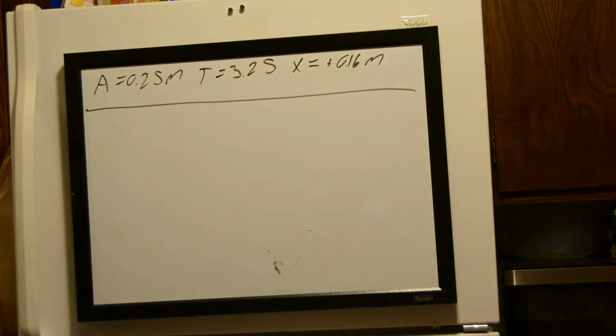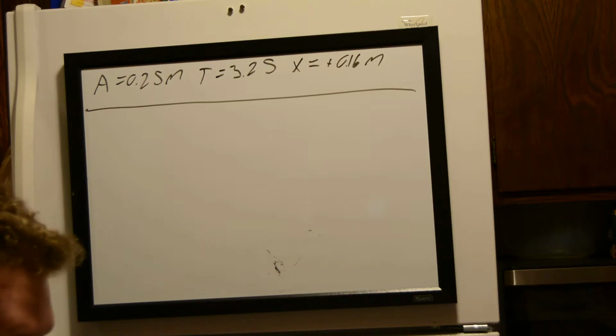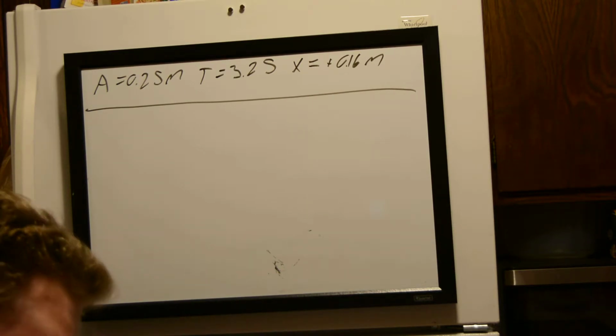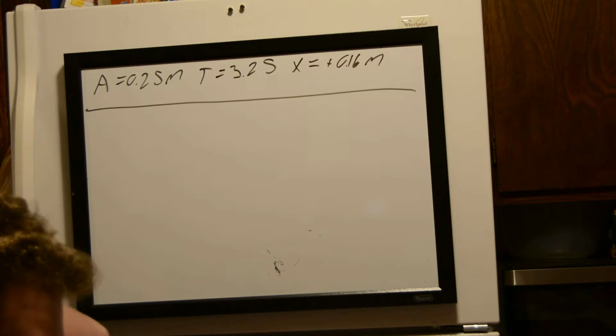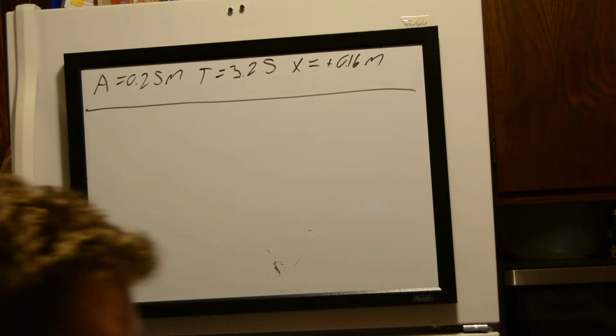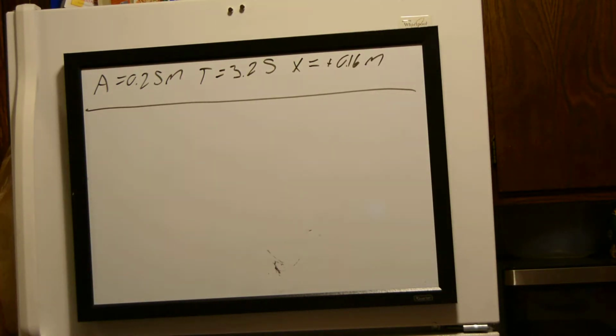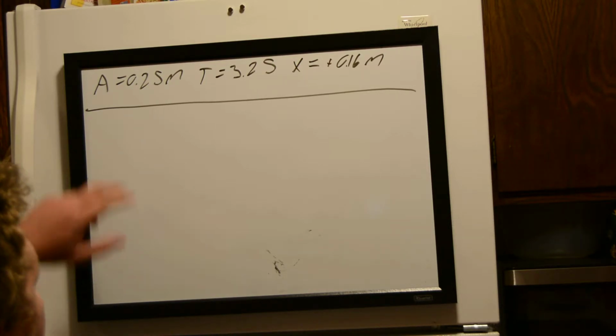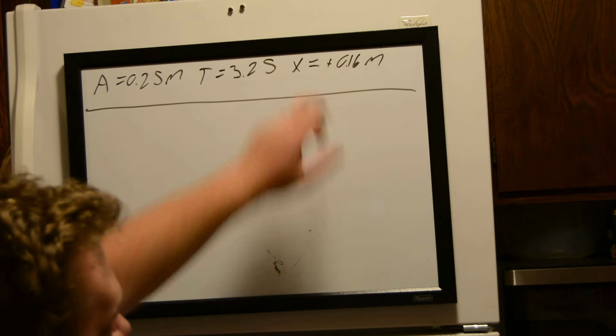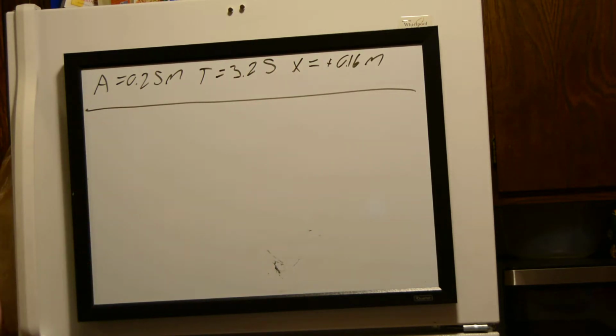So first let's find the velocity. Now this one is kind of tricky. We're going to have to take a given equation and manipulate it so that we can find velocity, since there's no standard equation to find velocity given these factors.